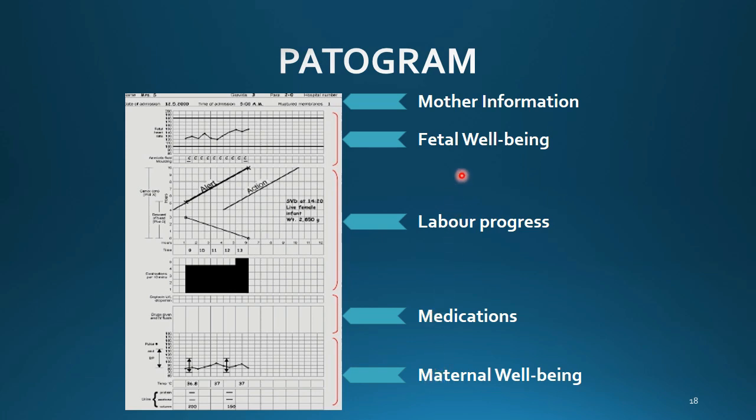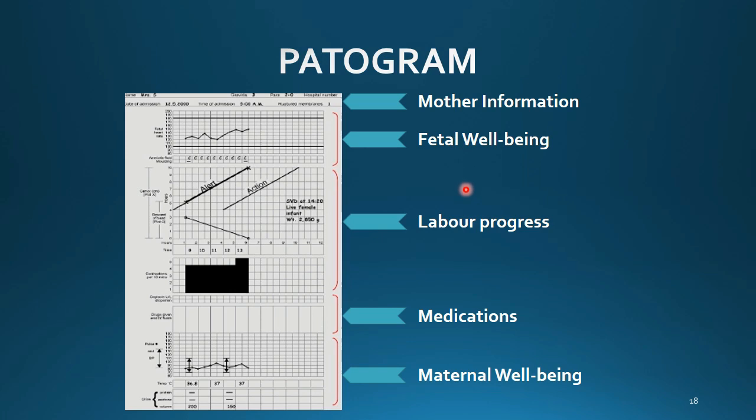We have to include these parts in the partogram. Under fetal well-being, the fetal heart rate, liquor color, and caput and molding are the things we should assess.